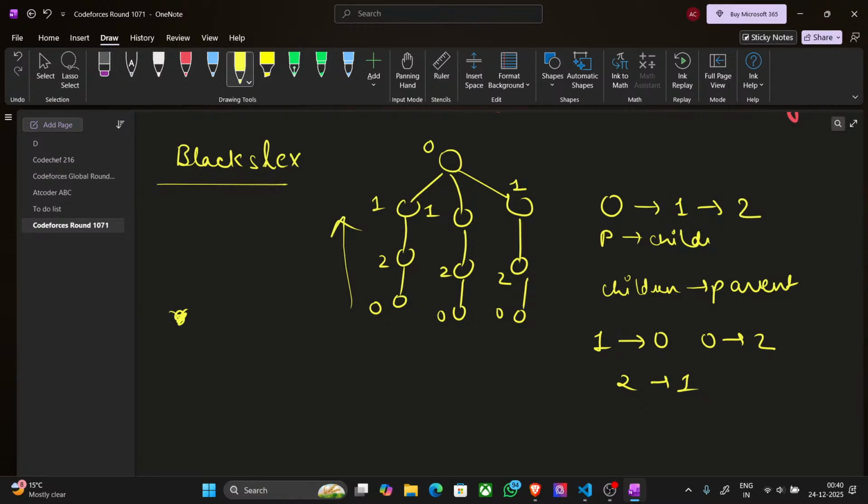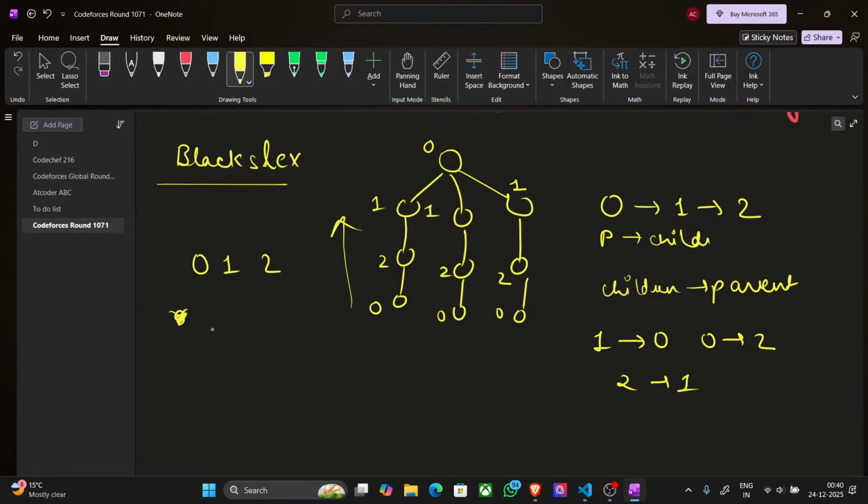While getting the colors, he can easily define what he has to take, because you have only three choices: 0, 1, and 2.